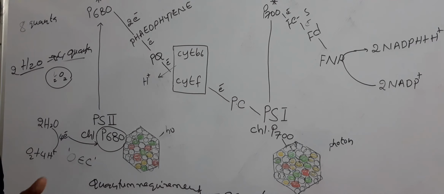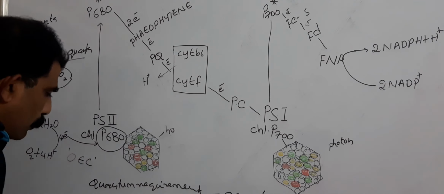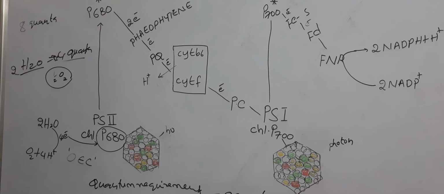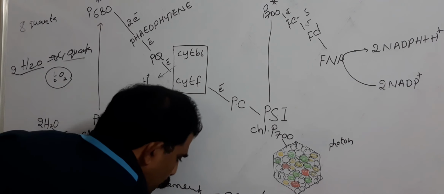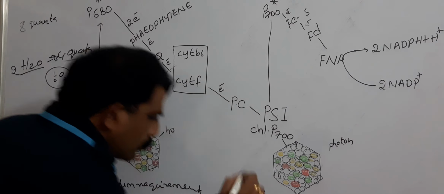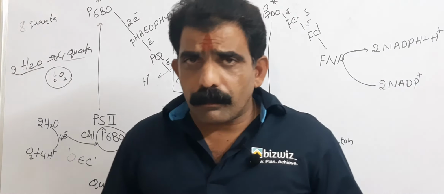Then what is quantum yield? Quantum yield is nothing but the amount of oxygen produced for the absorption of 1 quantum. The amount of oxygen which is produced when 1 quantum is absorbed. So quantum yield is nothing but 1 by 8, that is equal to 0.125, otherwise 12.5 percent.